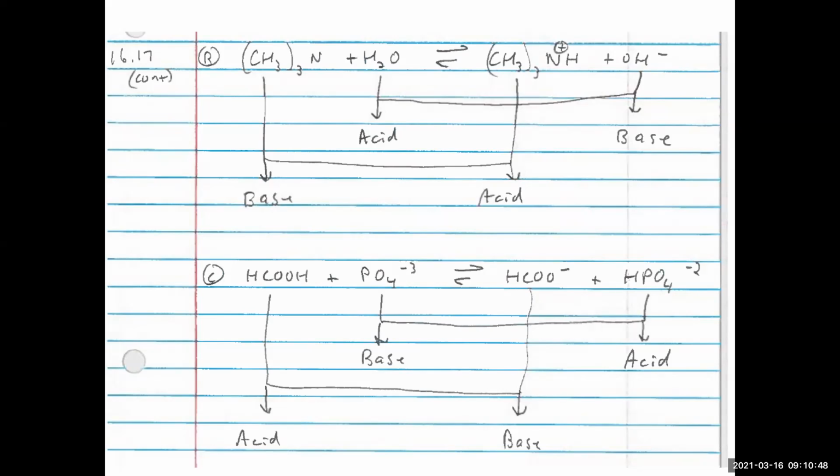So in this case, we see the three CH3 on a nitrogen on the left-hand side of the equation. On the right-hand side, we see that it's picked up a proton there. So we see that the CH3N doesn't have a way to donate a proton, whereas the CH3NH plus does.